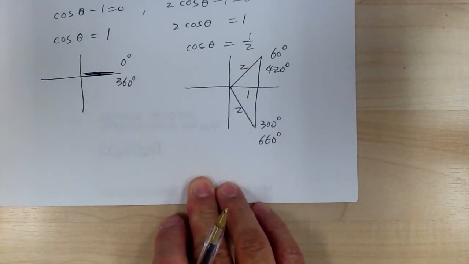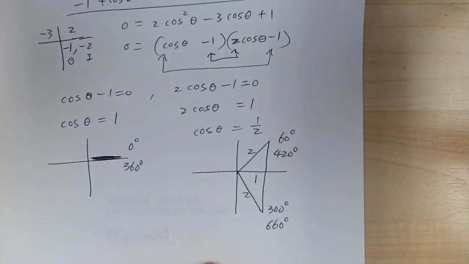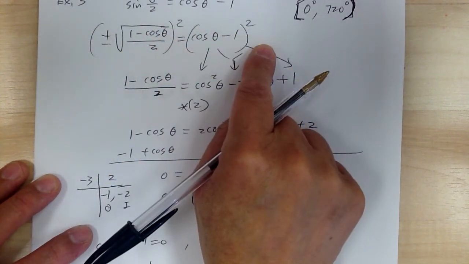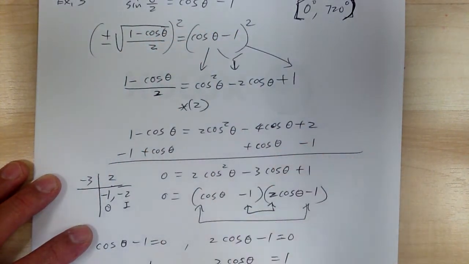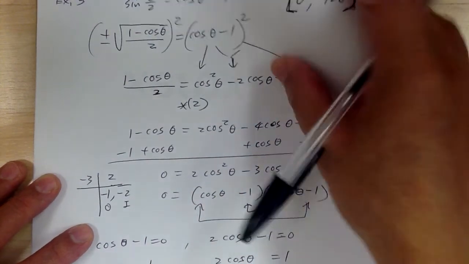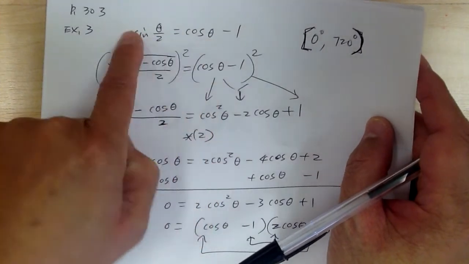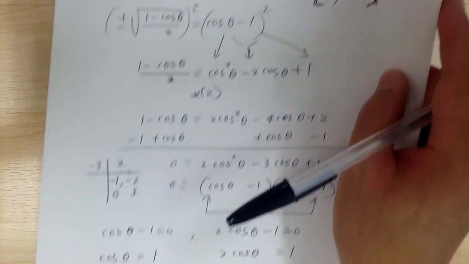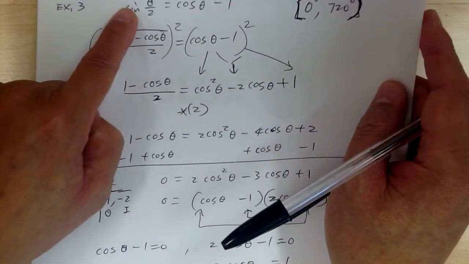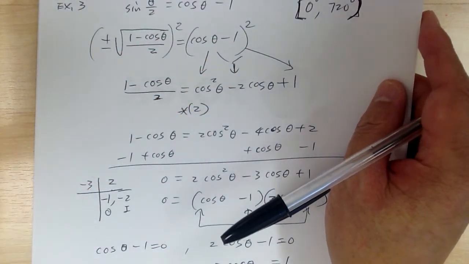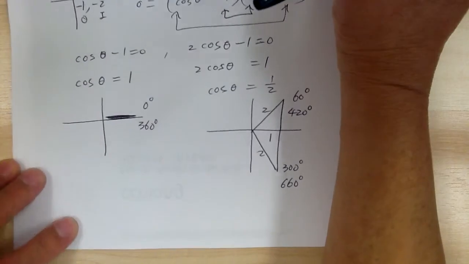Then what you need to do is be careful, don't include all of those, because remember, when you square an equation with a variable, you end up having extra answers. So you need to go and put each one of these into the original equation and see if it works out. So for example, you put 0 in here, you're going to get sine 0 equal to cosine 0 minus 1, and you check and see if it works out.